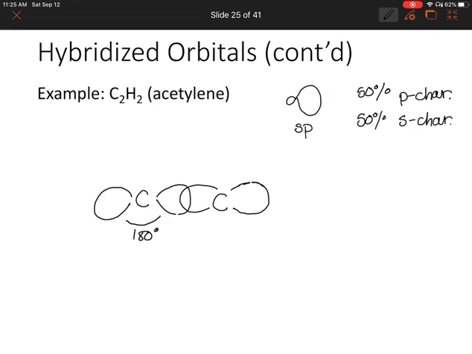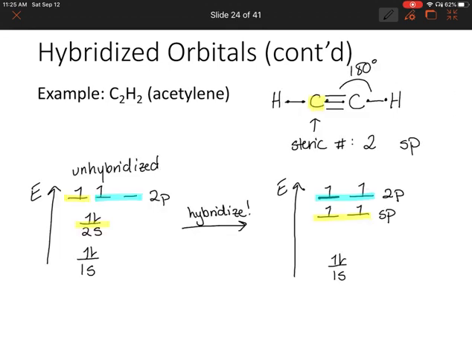Let's see. Now each sp hybrid orbital has an unpaired electron. So those will pair up in between the carbons to create a sigma bond. But then we also have, if we look at our hybrid orbital diagram, 2 p orbitals.